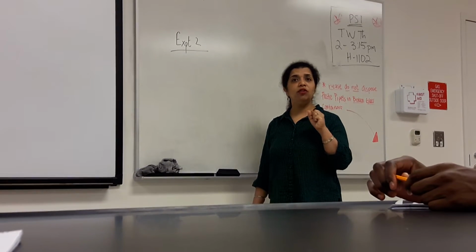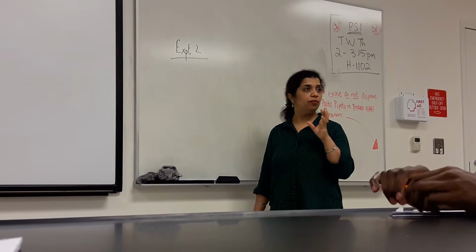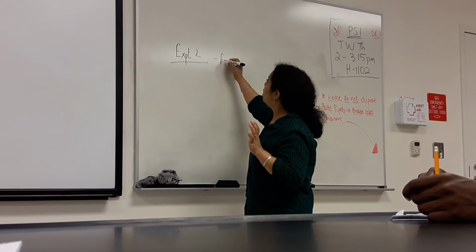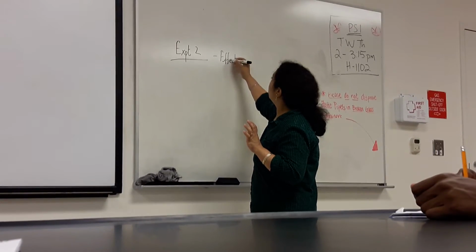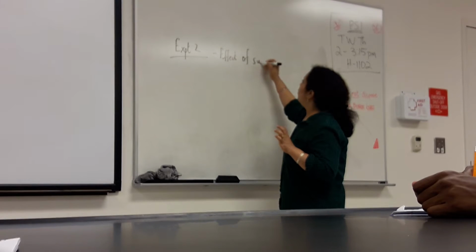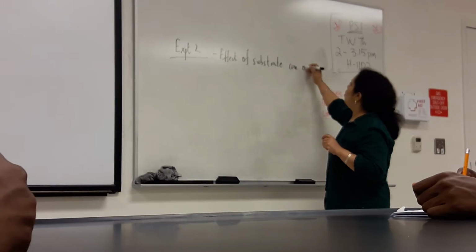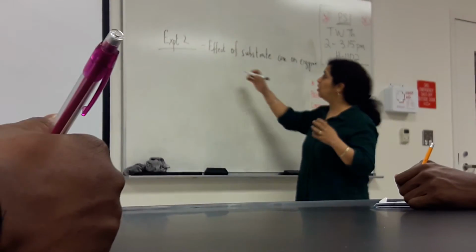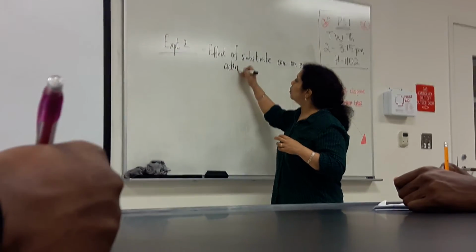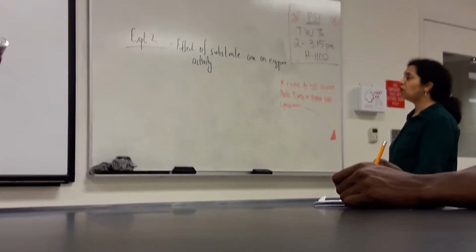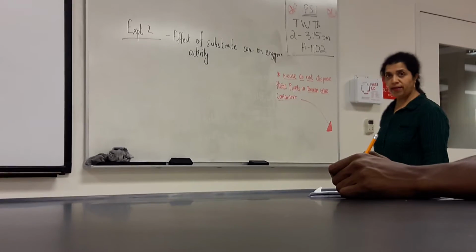So when you write, your language should be very clear. A lot of people don't know how to write. So in the second experiment, the effect of substrate concentration on enzyme activity. Be clear in your mind, we are studying enzymes, and we are studying their activity.